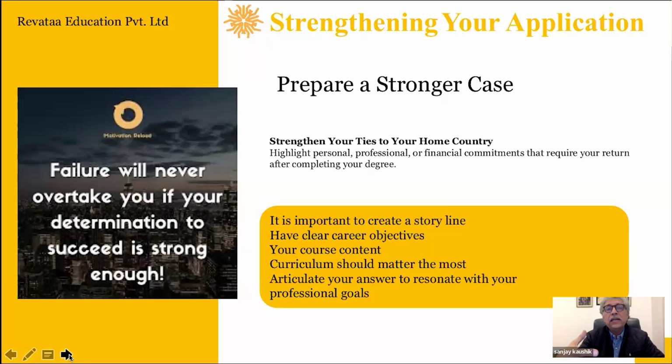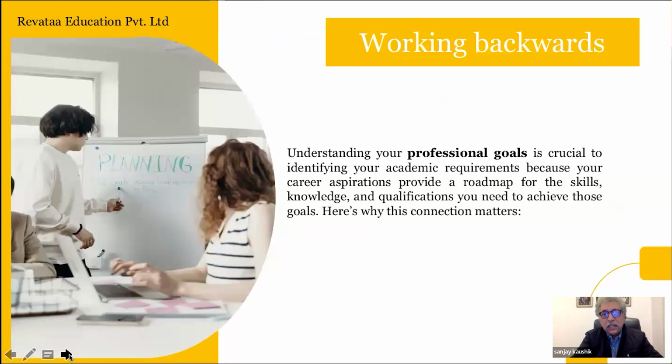If you understand your career objectives and career goals, then everything will start falling into place. So you have to be very sure when articulating the answers that your end goal is your professional goals in India, and then build up your story from there. Like I said, it is very important to understand your professional goals, right?